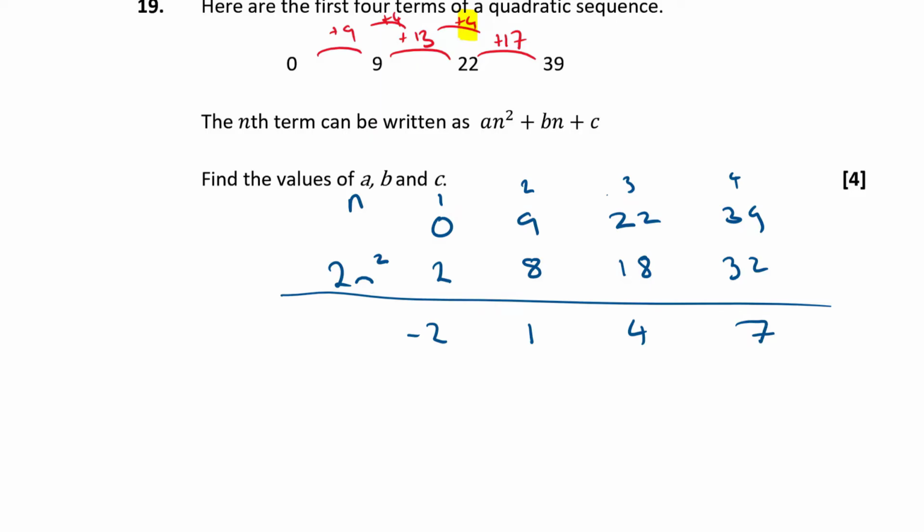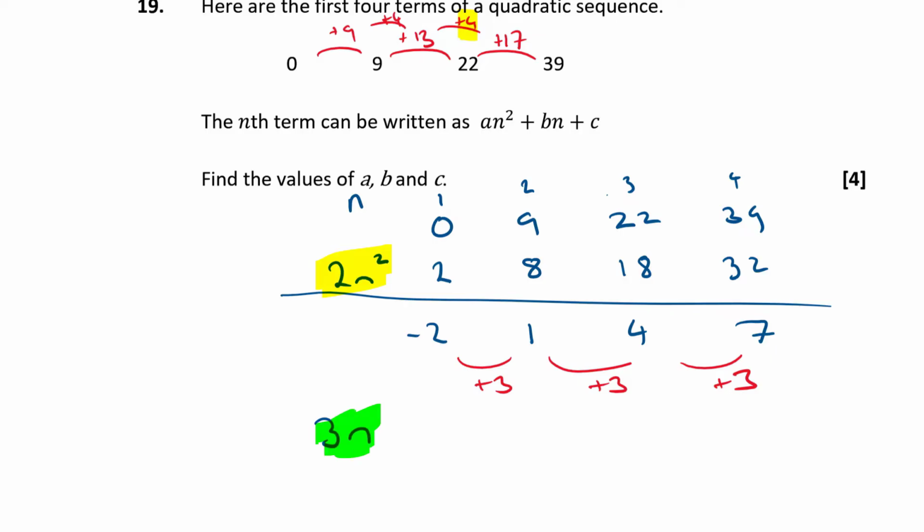Okay, so my sequence has got something to do with 2n squared, but that's not the whole thing. I've also got this part remaining, which is going to be a linear sequence, isn't it? Can you see what this is a linear sequence in? That's plus 3, plus 3, plus 3. So it's got something to do with 3n then, isn't it? Okay, so that's going to be the second piece of our puzzle, 3n.